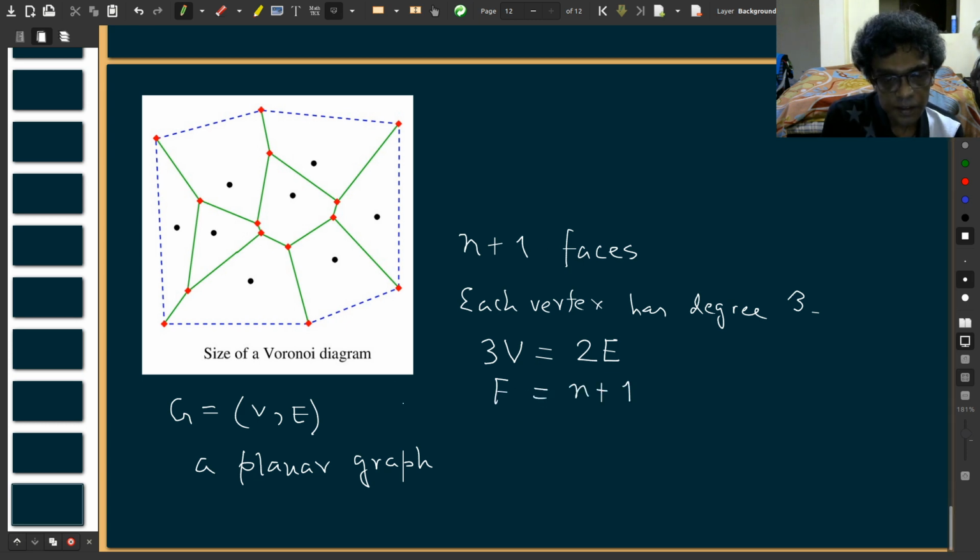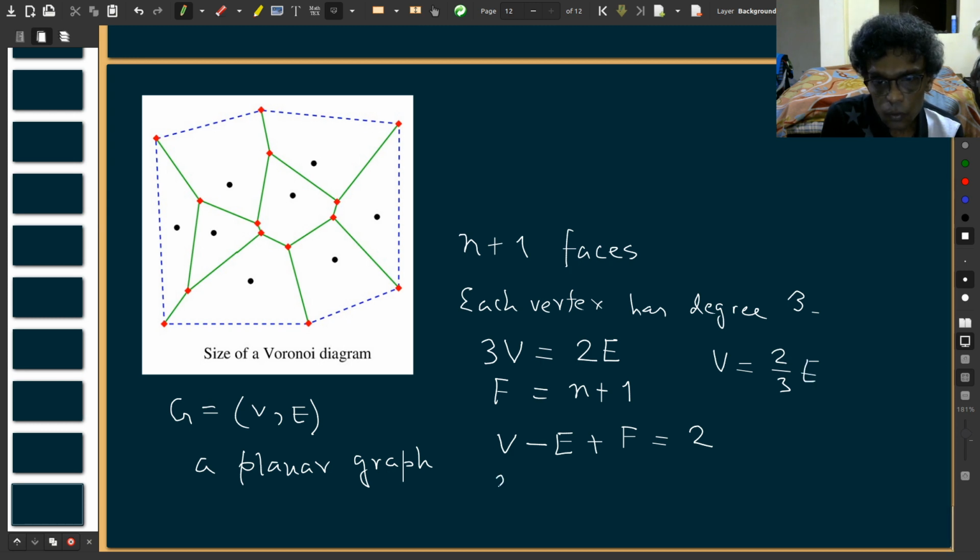And since this is a planar graph, I can use this formula V minus E plus F equal to 2. Okay. So then I have V equal to 2/3 E. So 2/3 E minus E plus n plus 1 is equal to 2.